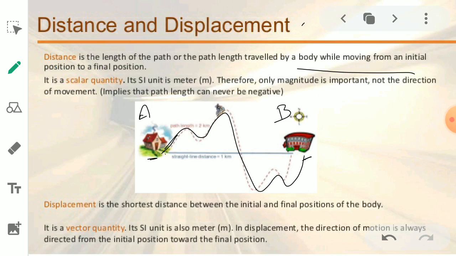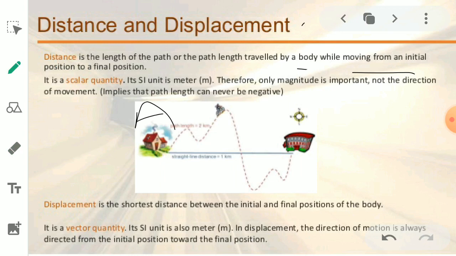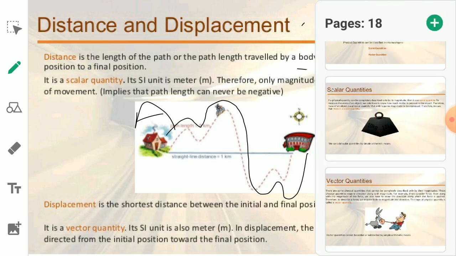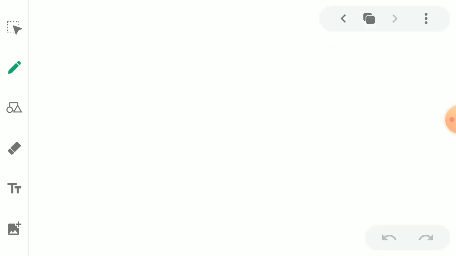We can understand it like this: if an object is at position A and wants to go to position B, then this whole path from A to B covered by the body defines its distance.